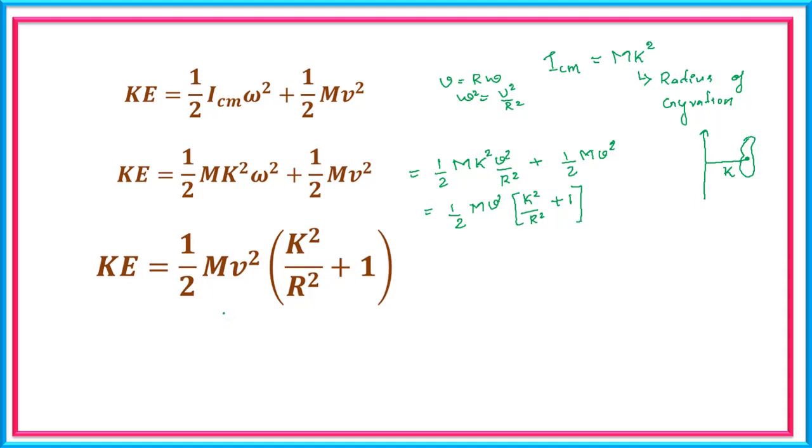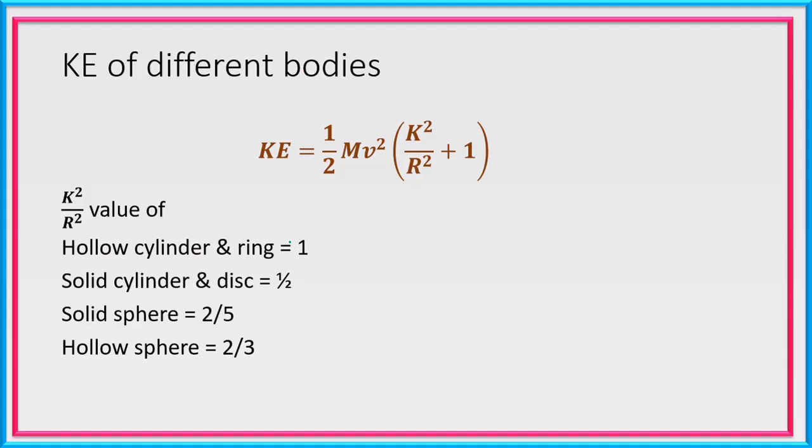What does this equation tell us? This equation tells us that whichever body has a higher value of k square by r square will have a higher kinetic energy. Let's see the difference. We know that the kinetic energy is equal to half mv square into k square by r square plus 1.